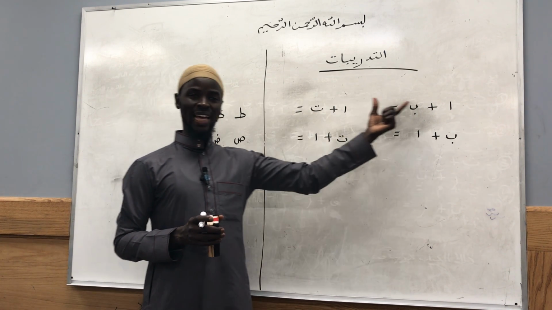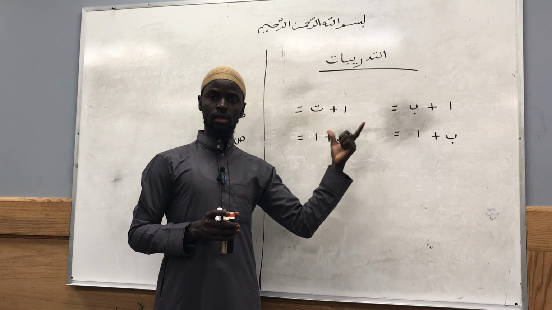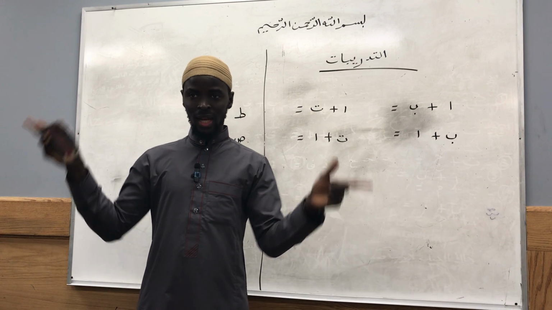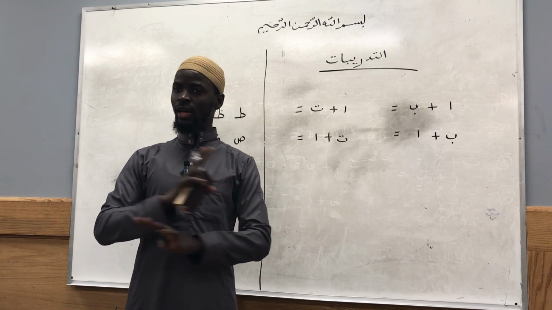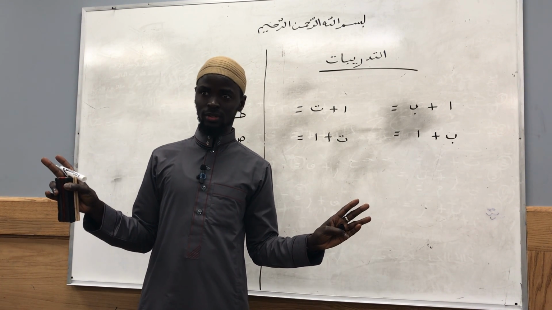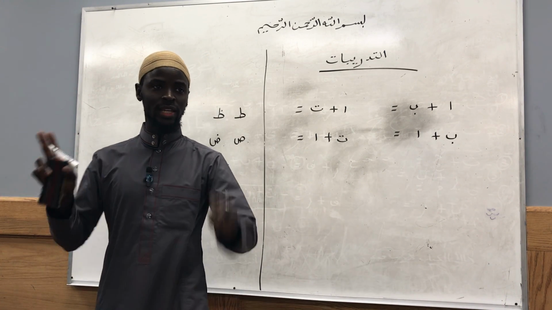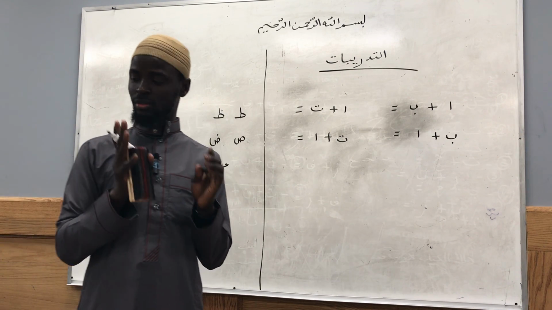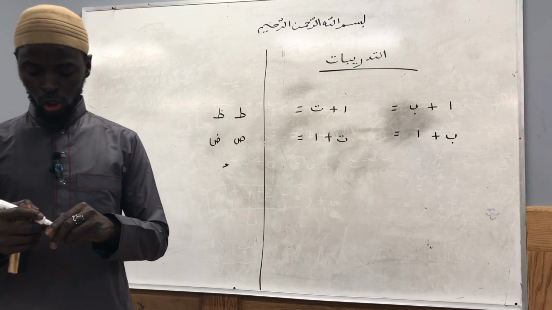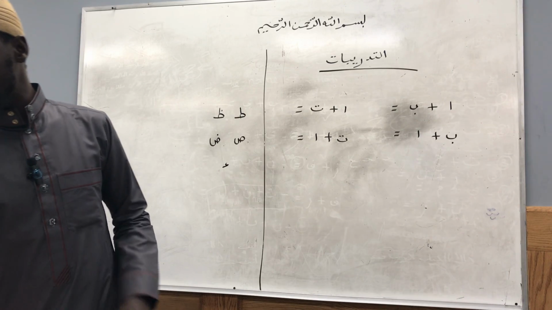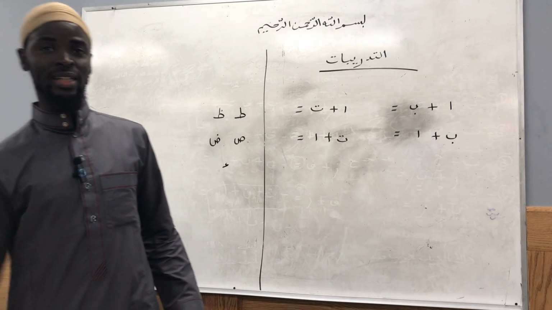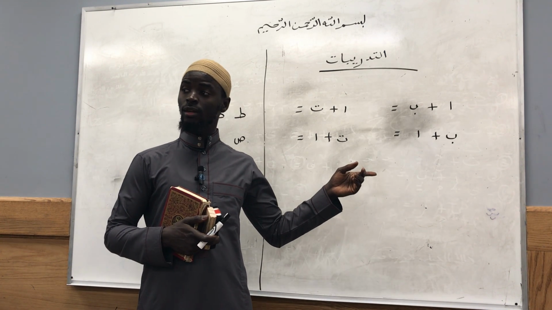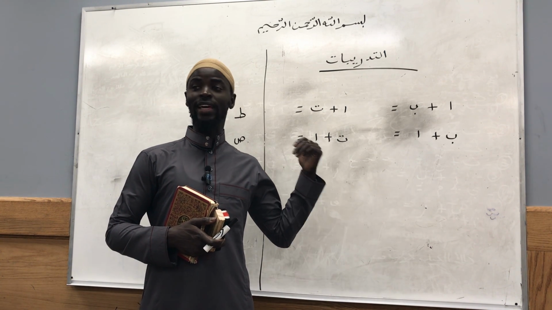So after you finish with the Alif, that means you completely have Alif with any other letters in the Arabic alphabet. That means you will always come across Alif, whether it is at the beginning, the middle, or the end.